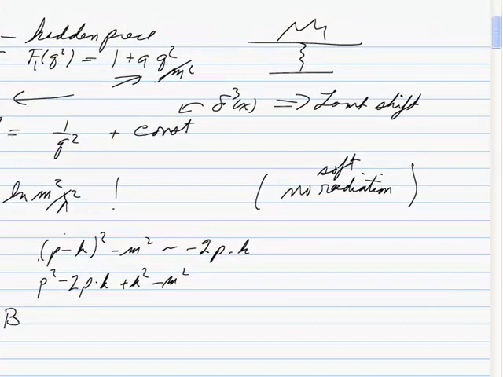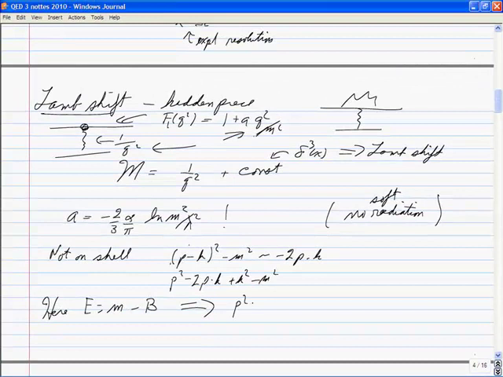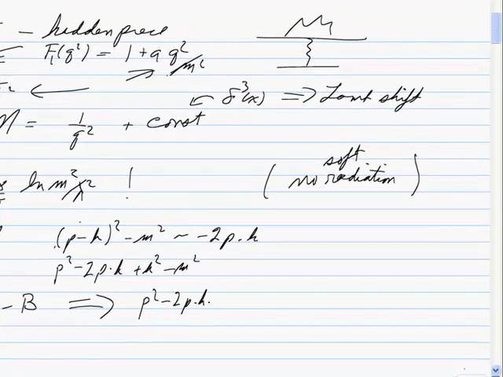And so p squared minus 2p dot k minus m squared goes in the soft region there.